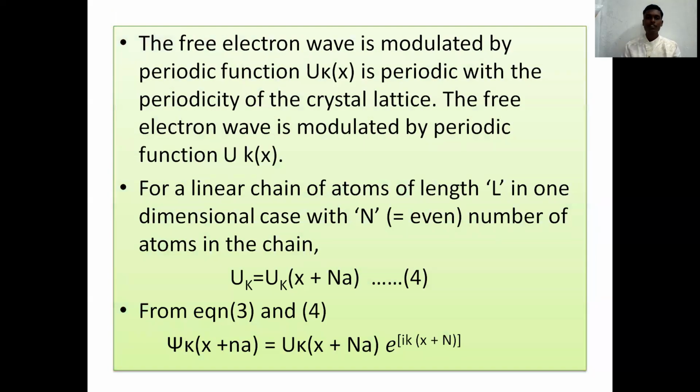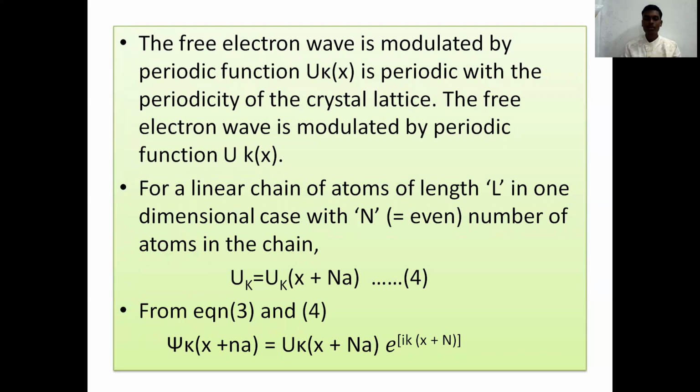Next, the free electron wave is modulated by the periodic function u k of x, which is periodic with the periodicity of the crystal lattice. For a linear chain of atoms of length capital L in the one-dimensional case, with capital N equal to an even number of atoms in the chain, u k of x equals u k of x plus Na.